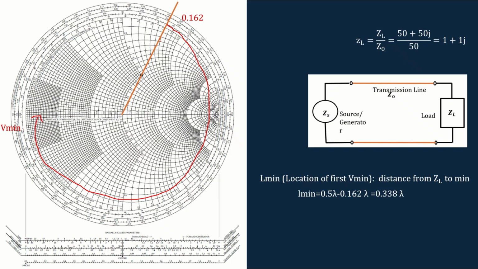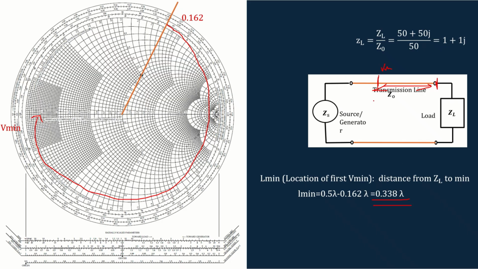So you have to find this distance, that is the distance from this load to the V minimum point. So that will give you the length of the transmission line where V minimum occurs. So for that, you can just subtract 0.5 lambda minus 0.162 lambda. So this is the length which will give you the position of the L minimum.